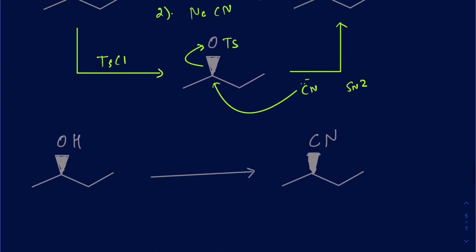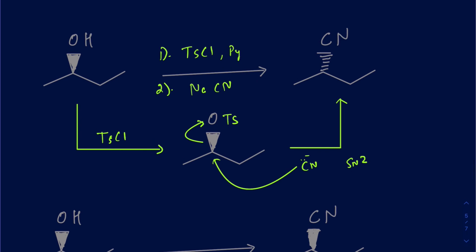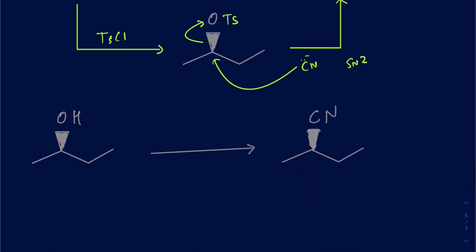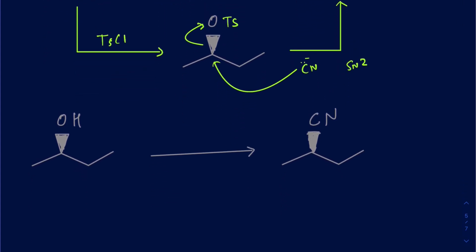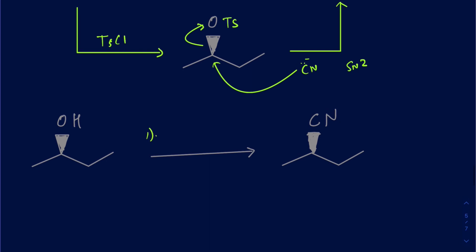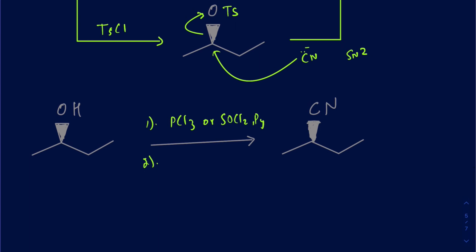What about if you try to retain the stereochemistry with the CN? In that case, the better way would be first you flip it and then you flip it again, another way of saying do two inversions. I can do that by using, suppose, PCl3, or I can use SOCl2 with pyridine. And in the second step, I can go ahead and use NaCN here.